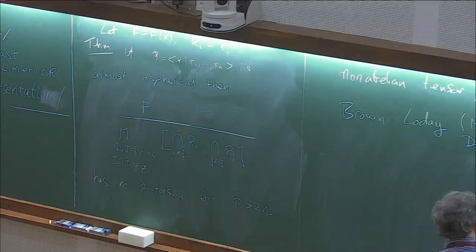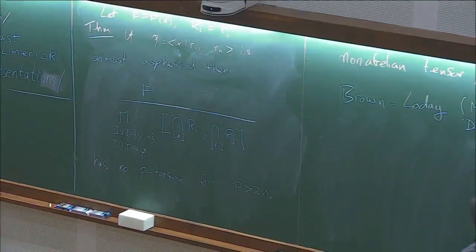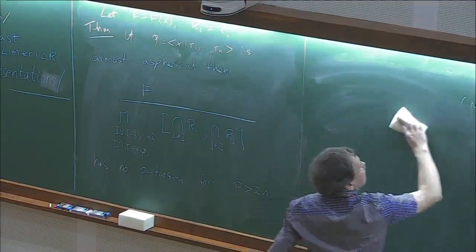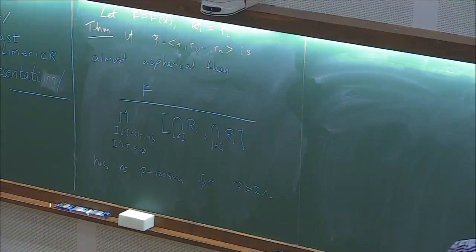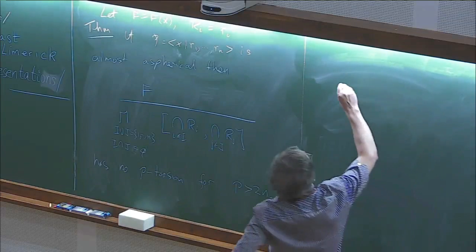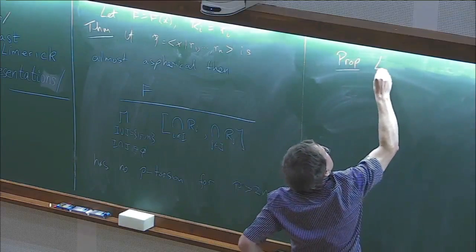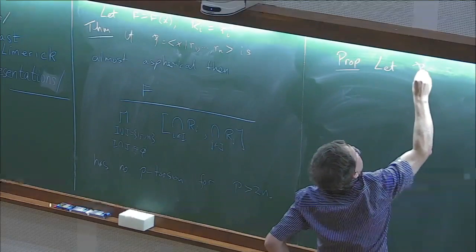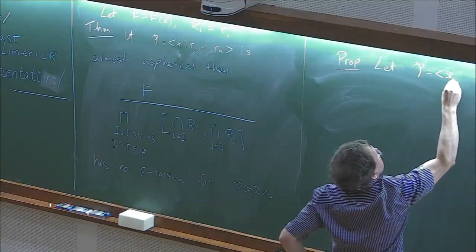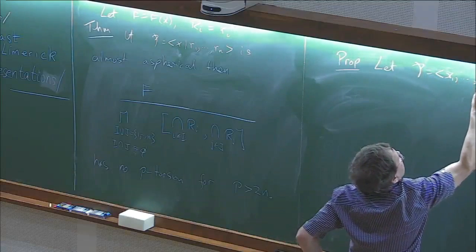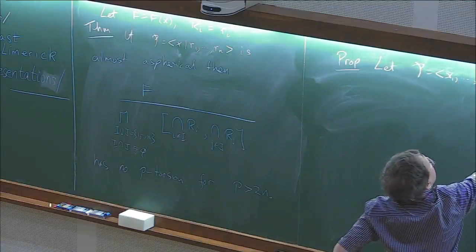Let me give another such application. So let's now suppose that, maybe I should call these propositions rather than theorems. Let's suppose that we have a presentation on n generators and n plus 1 relators.